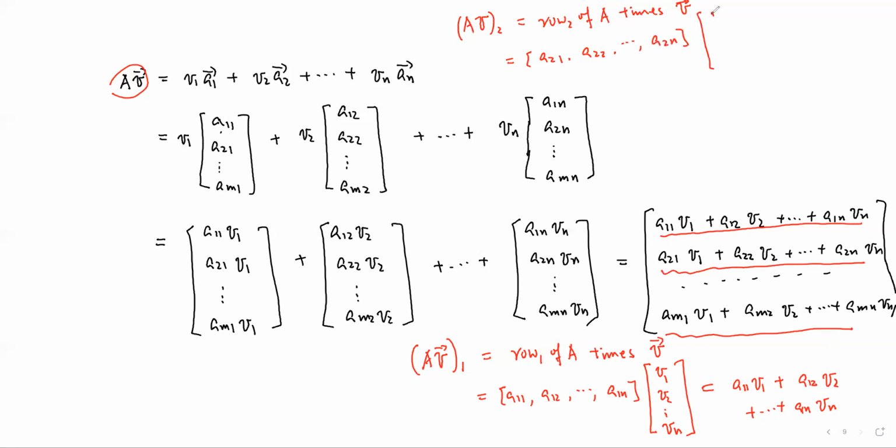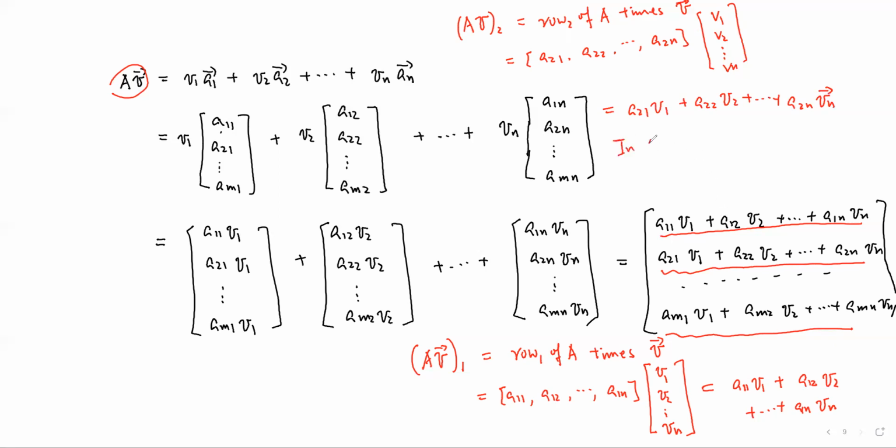Vector V is V1, V2, ..., Vn. Row 2 times vector V means the sum of the products of corresponding entries: first entry times first entry, A21 V1, plus A22 V2, and so on, up to A2n times Vn.